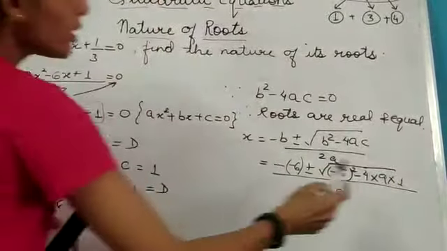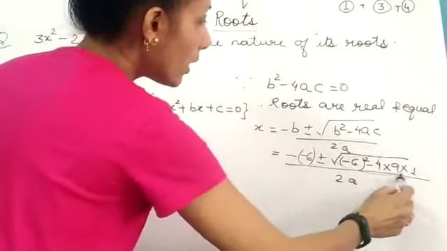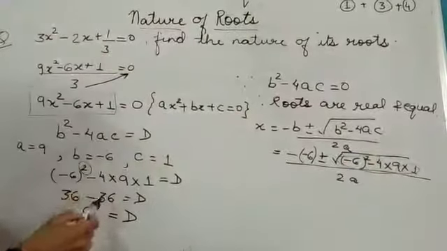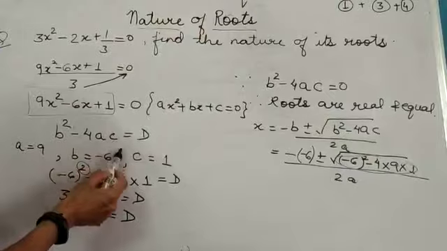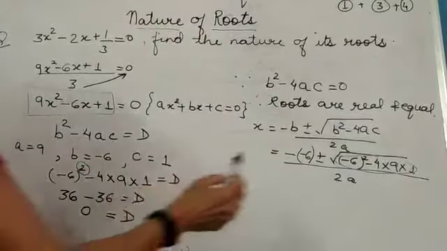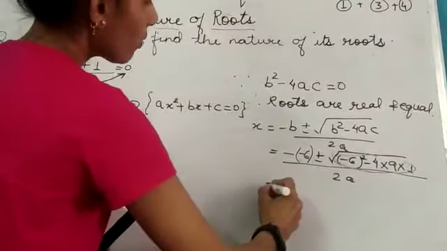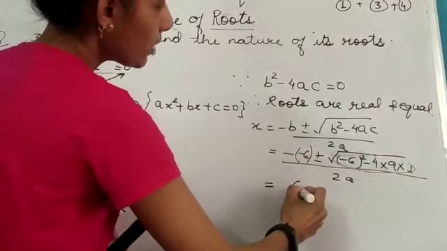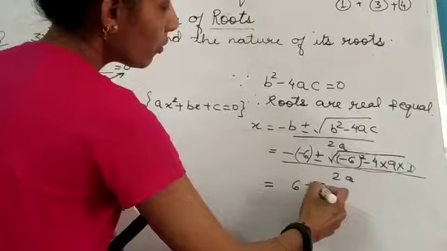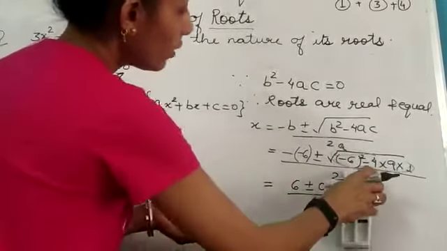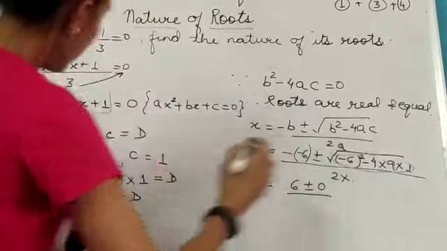Now you see, this value you have calculated above. You have calculated that b square minus 4ac is coming out to be 0. So simply this is turning out to be a 0. So you can write it as minus into minus will be 6 plus minus 0 by 2 into a, and your a is 9.